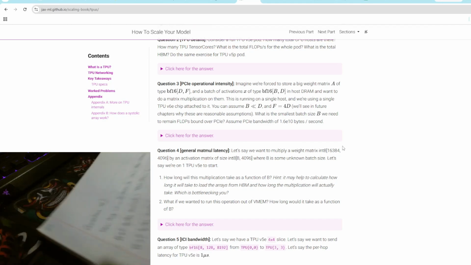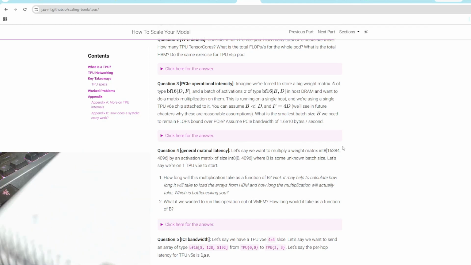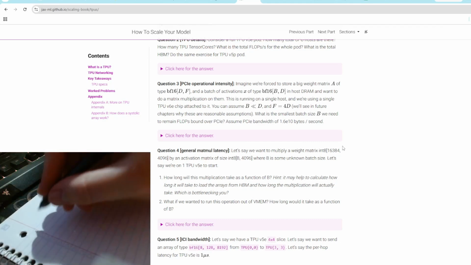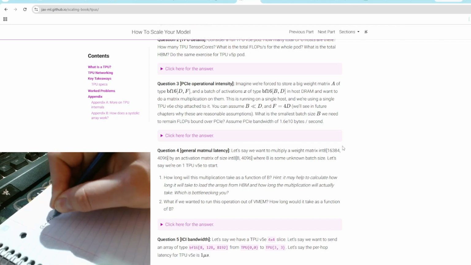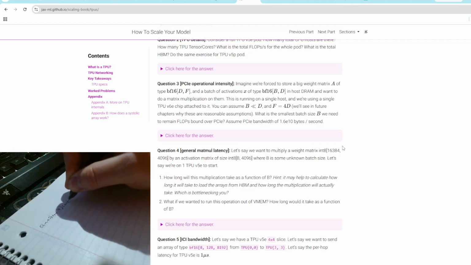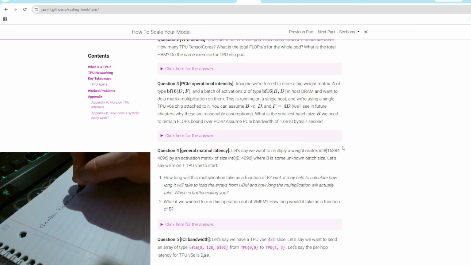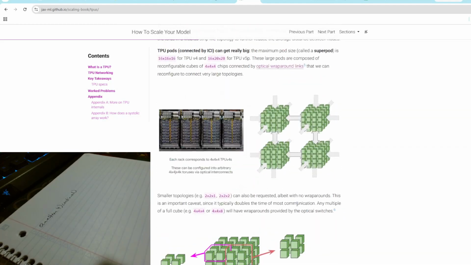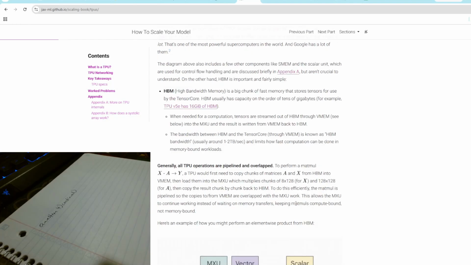That's a tricky one. Let's flip the page over first of all. Question 4 continued. So how do we know the bandwidth of VMem? Let's scan through this entire document all over again.